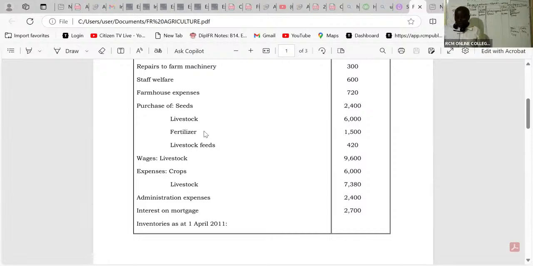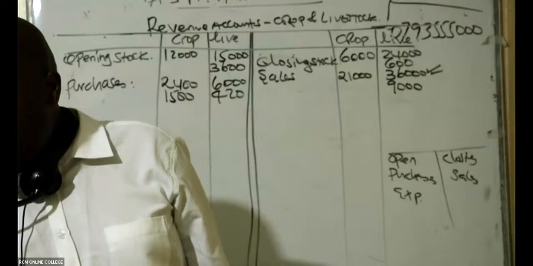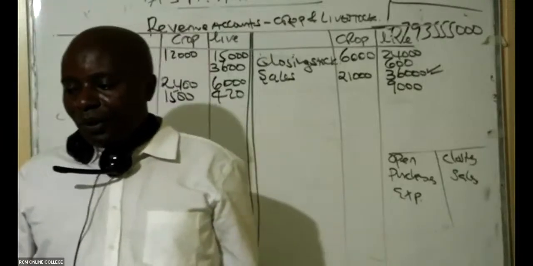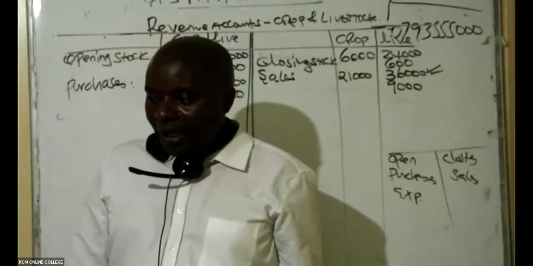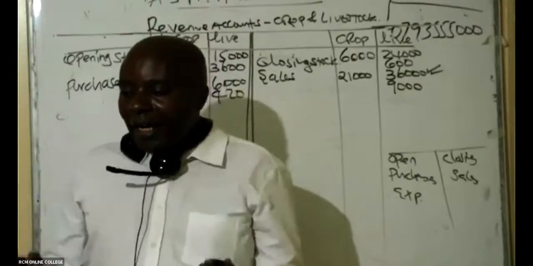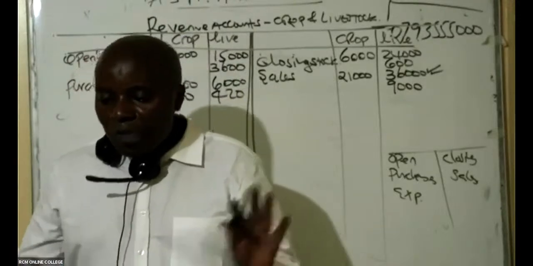We purchased fertilizers worth 1,500, written under purchases of crops. And you can see we purchased livestock feeds for 420.